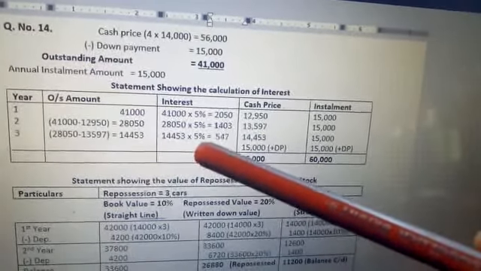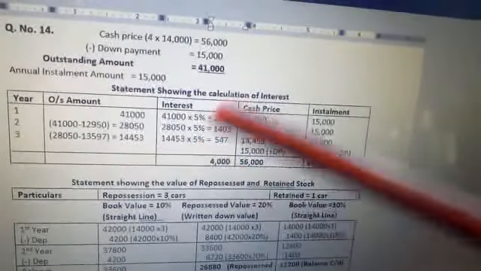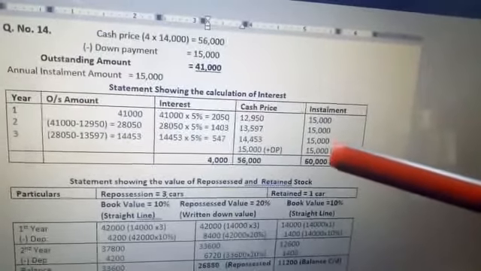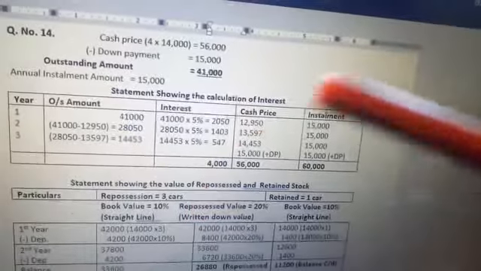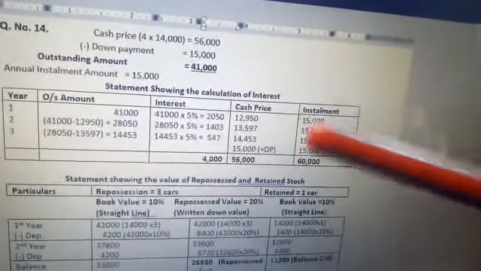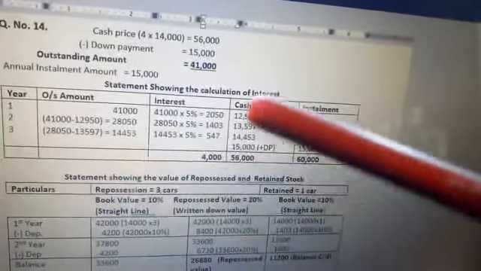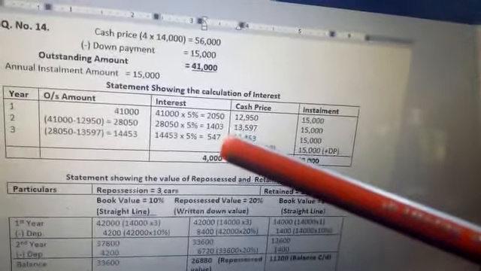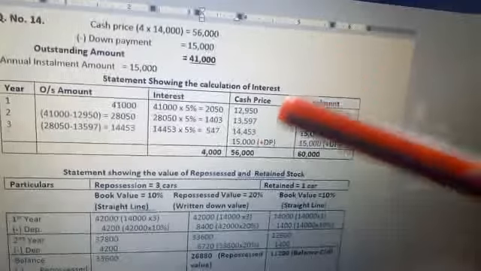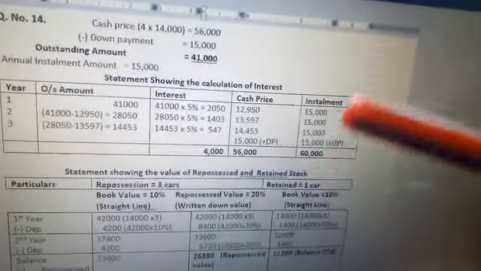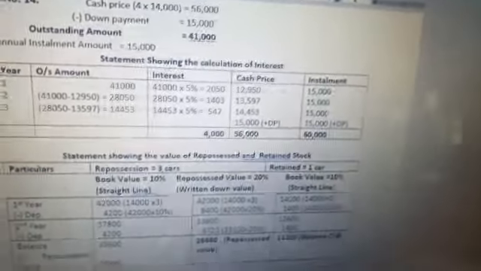Okay, just make that correction. In the third year, the last year interest will be the difference between the installment amount and the outstanding amount. So this amount is the same, 547. So total interest is 4,000. Cash price 56,000 and total installments 60,000.